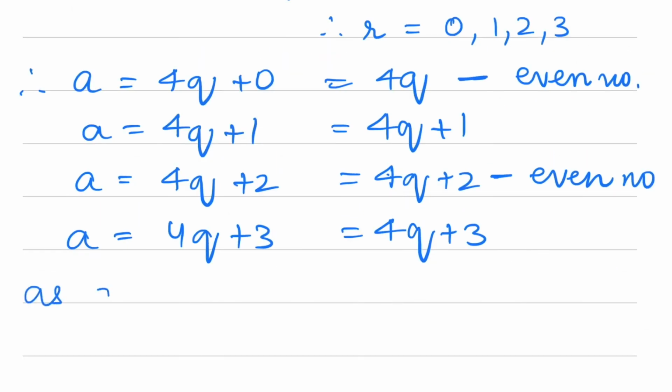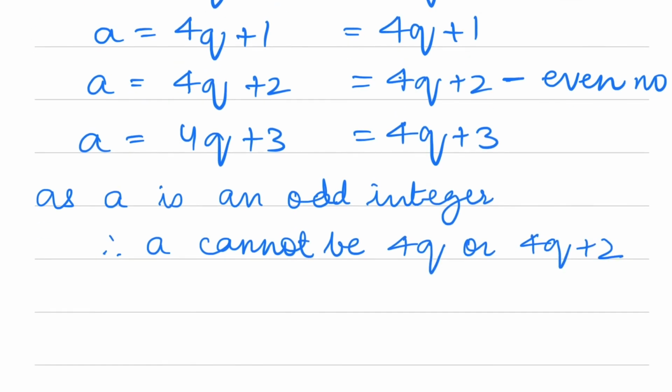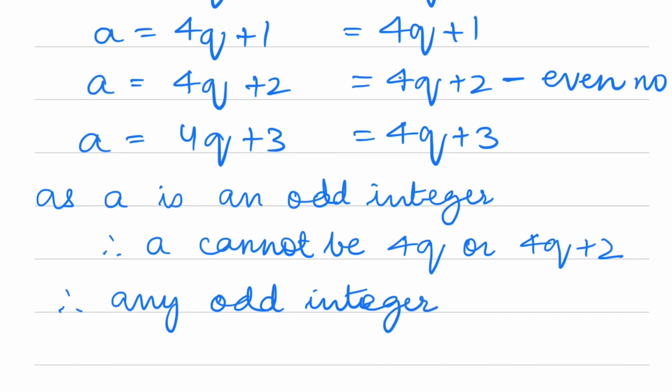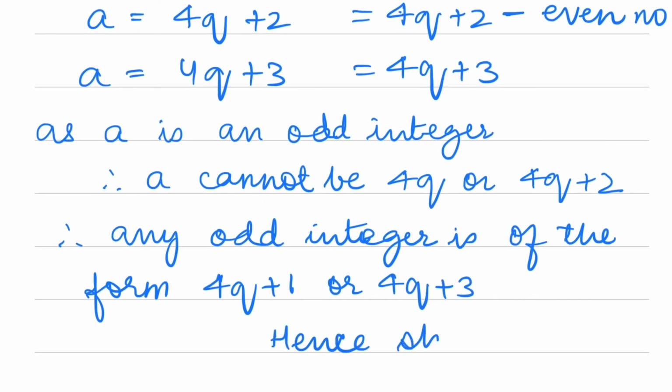So we can write, as a is an odd integer, therefore a cannot be 4q or 4q plus 2. Therefore any odd integer is of the form 4q plus 1 or 4q plus 3, hence shown.